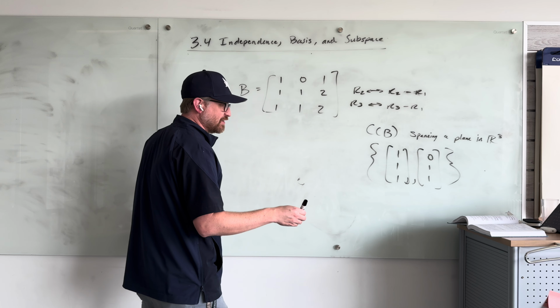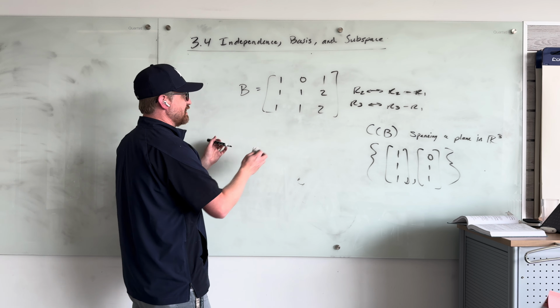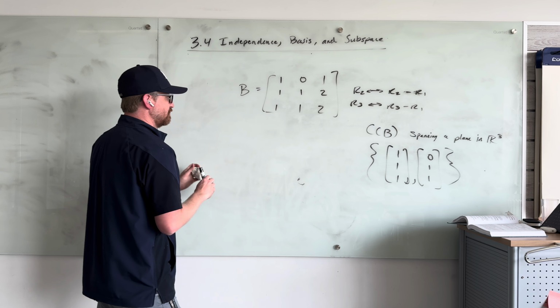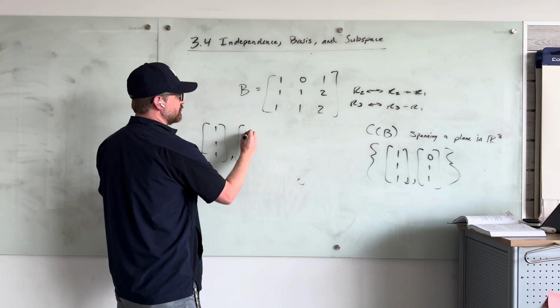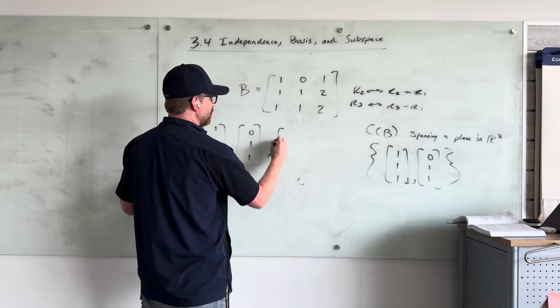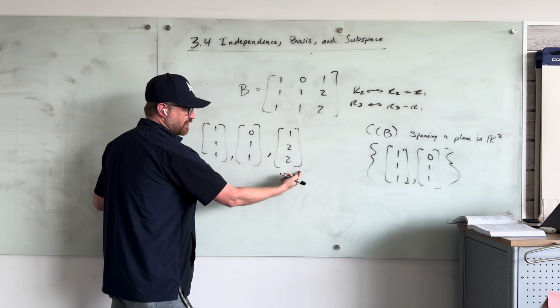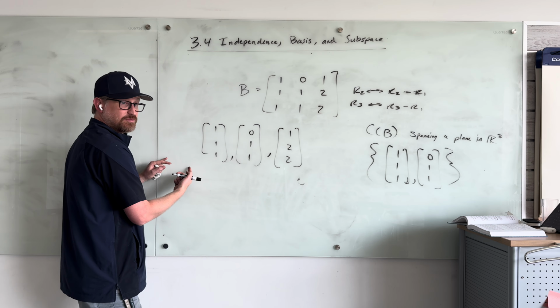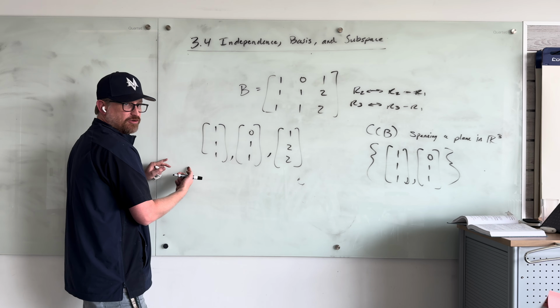versus every spanning set of vectors can be reduced to a basis. In the example, if I was to take these three vectors, 1, 1, 1, 0, 1, 1, and 1, 2, 2, and look at every combination of them, we're looking at the span. But that set isn't linearly independent.